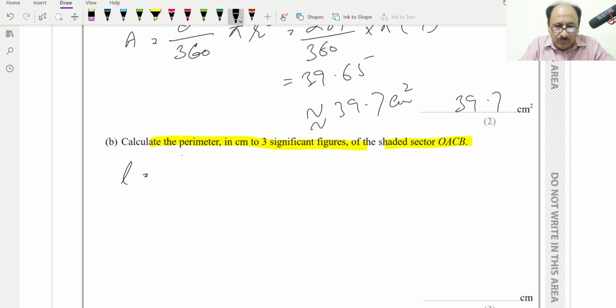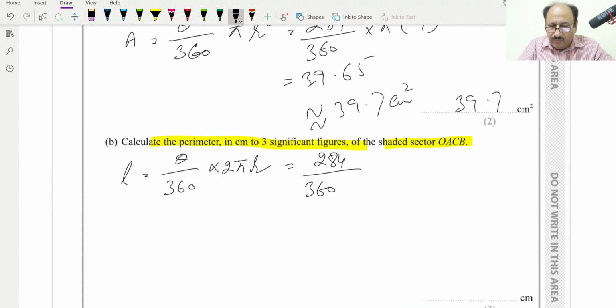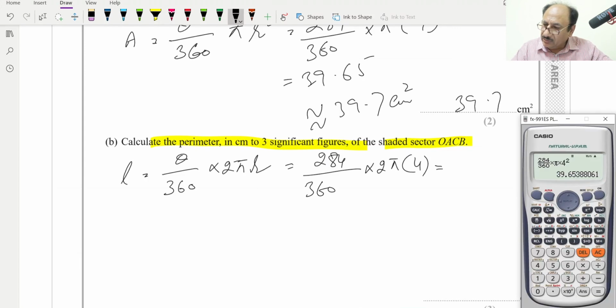Length is equal to theta over 360 into 2 pi r. This will be the formula, and theta is 284, which we have already calculated, divided by 360 into 2 pi, and r is 4.